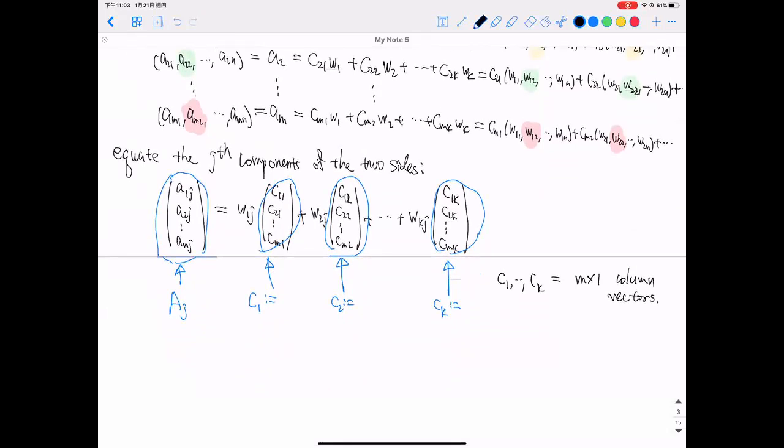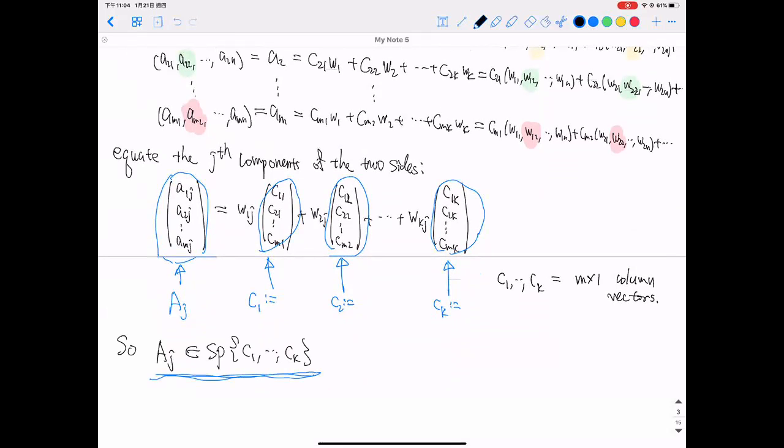This equation is just saying that AJ is a linear combination of C1 through CK. So AJ now belongs to the span of C1 through CK. That's what this equation is telling us.